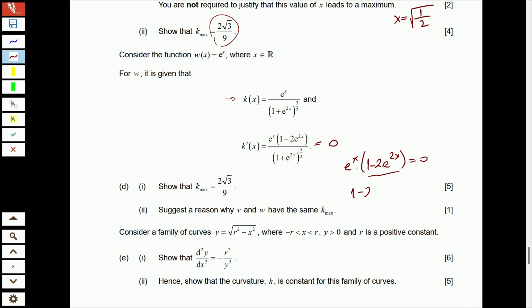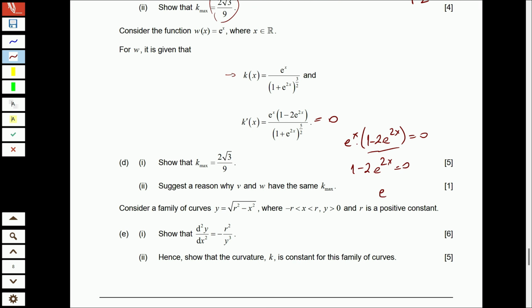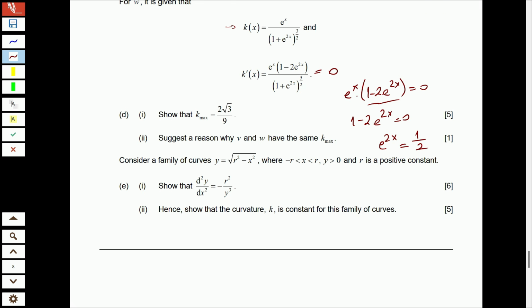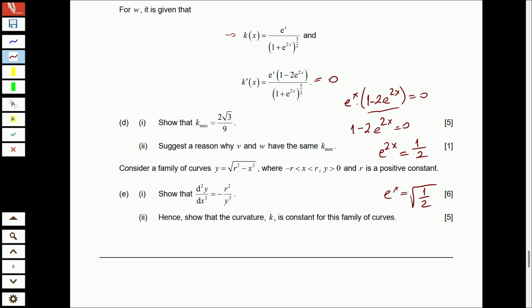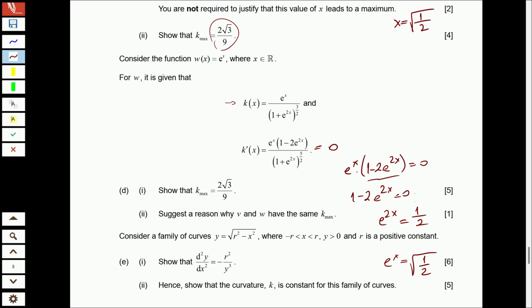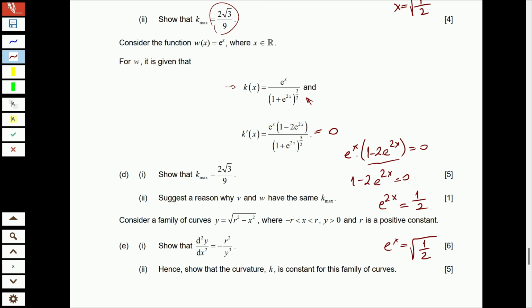So 1 minus 2 times e to the power of 2x will be 0. And I will write directly from here e to the power of 2x equals 1 over 2. e to the power of x will be square root of 1 over 2, okay? I don't need to find the value of x from this equation because I can plug in the value of e to the power of x into this expression, because in this expression there are e to the power of x terms, okay?